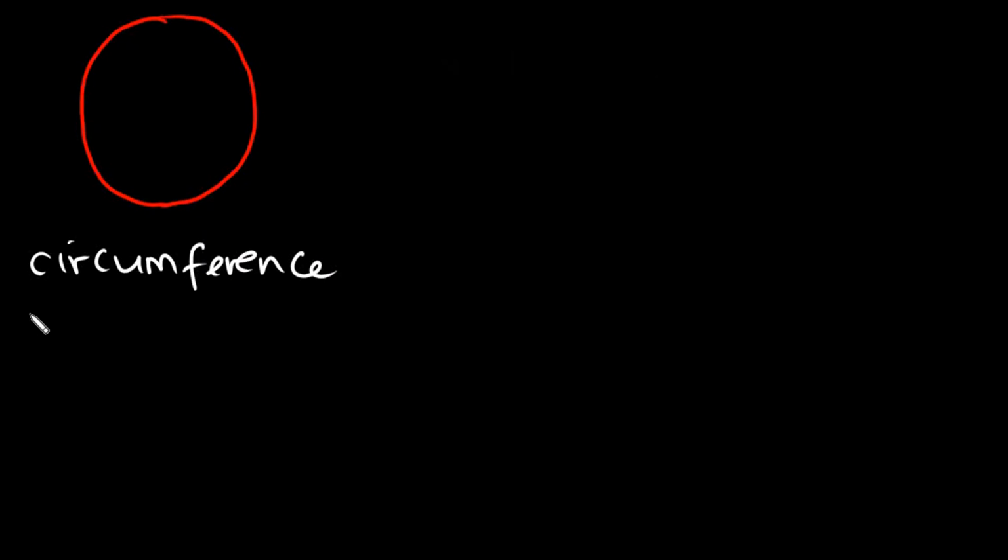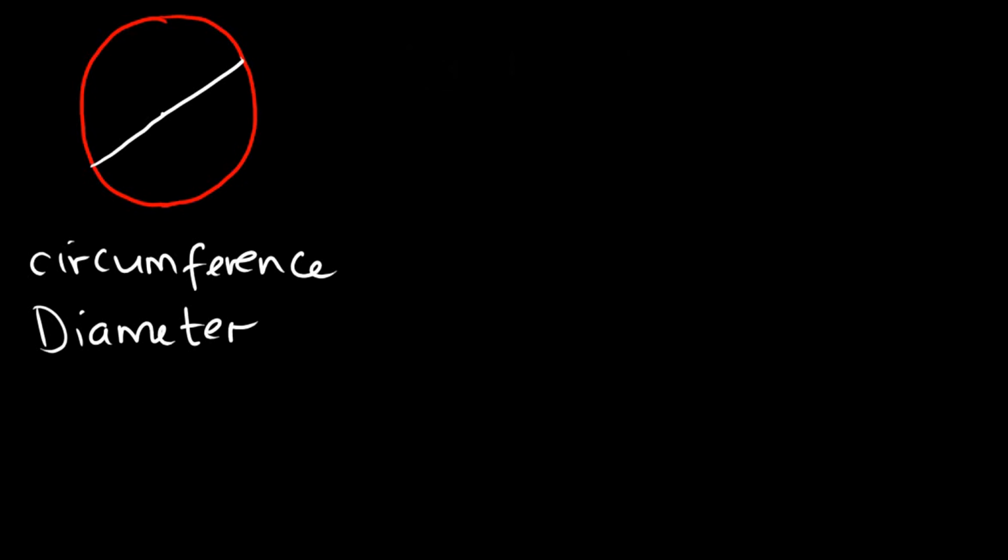Then let's define what the diameter is. The diameter is the distance from one point on the circumference to another point on the circumference through the center. Please note the words "through the center". It is the distance between any 2 points on the circumference but through the center.